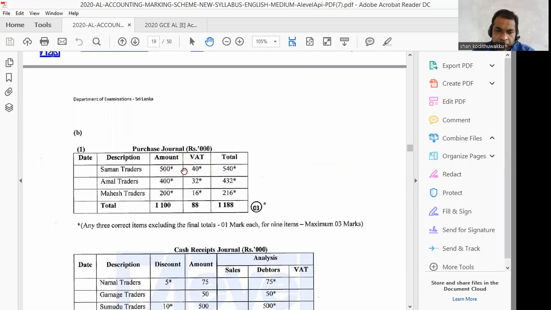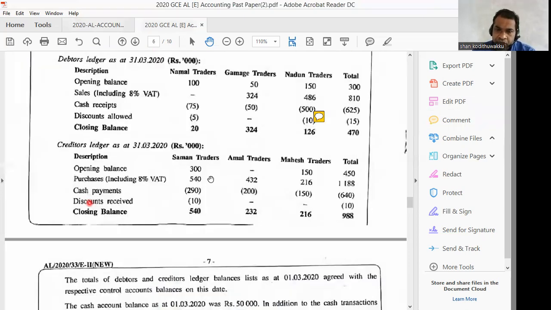And for the VAT portion, you take VAT 8%. That is Saman Traders. Then when it comes to Amal Traders, 432. You can do the same thing.